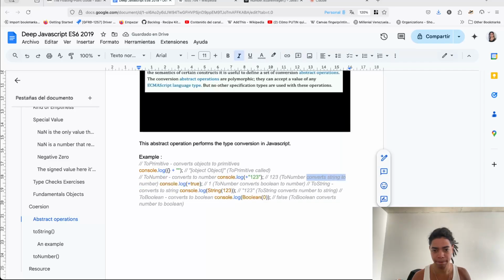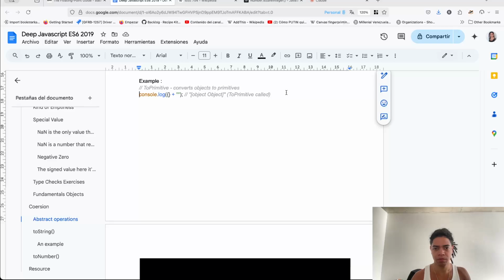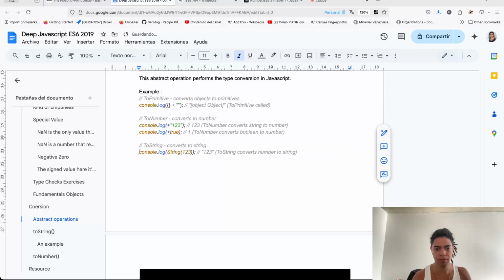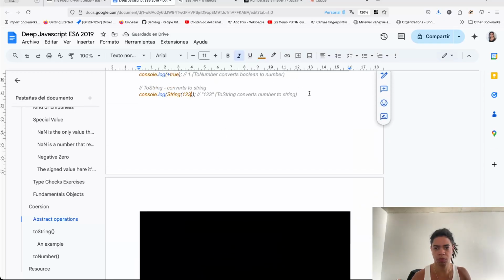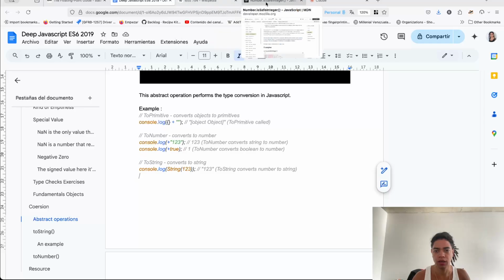The other is ToNumber. Exactly. ToPrimitive converts objects to primitives, ToNumber, ToString, and ToBoolean.